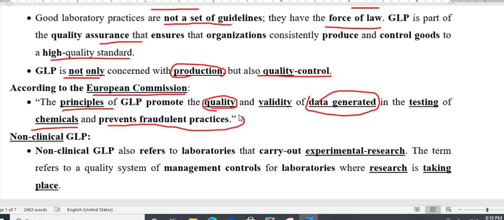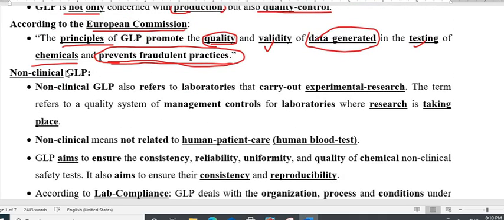So this is very important. What it means is, whatever work you are performing in the laboratory, the data generated there should be validated, or you can say the judicious one, in which we are testing a chemical, and that should not have any fraudulent practices. So this is the principle under the GLP according to the European Commission.